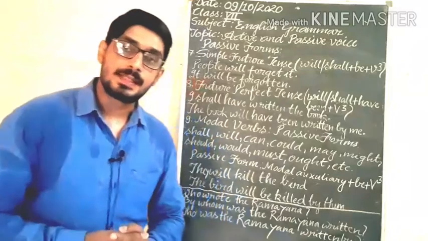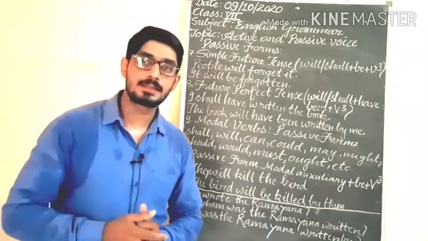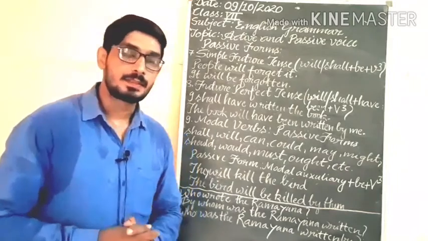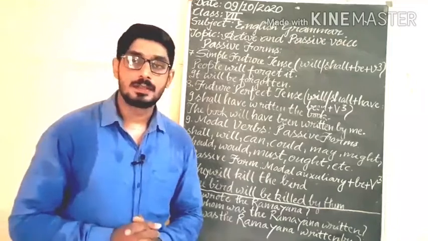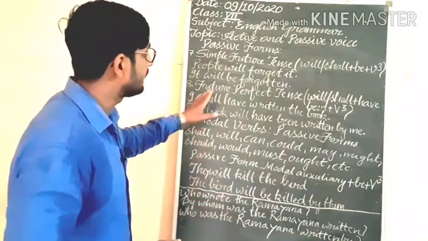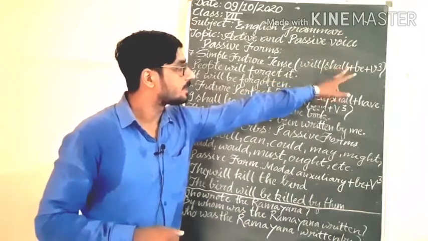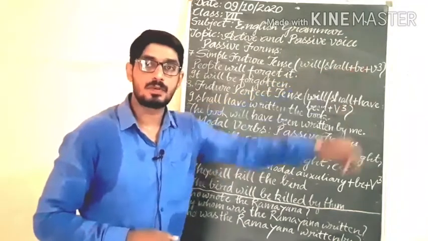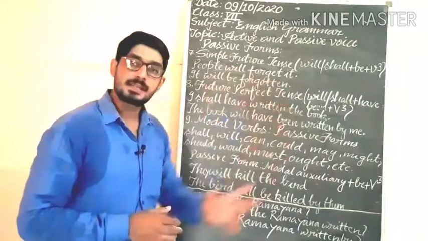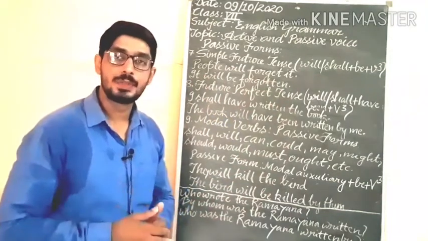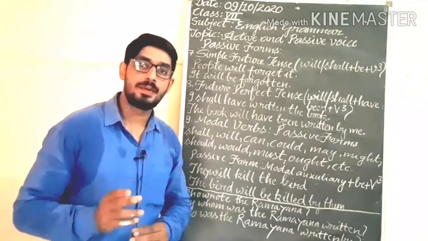Dear students, see the structure, how to change an active voice sentence into a passive voice sentence in simple future tense. In simple future tense, first we will put will, shall plus be plus main verb third form. Look at the examples. People will forget it. I have also told you that a vague, unclear noun will be omitted in passive voice.